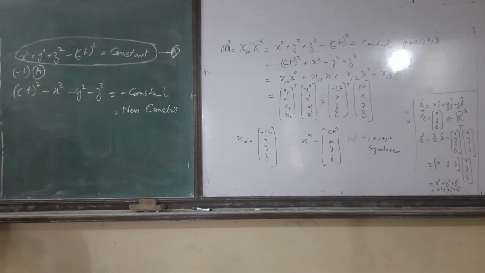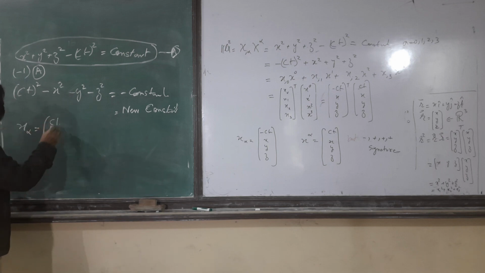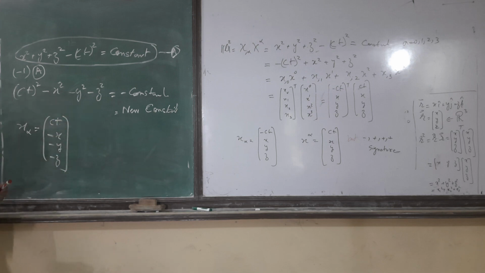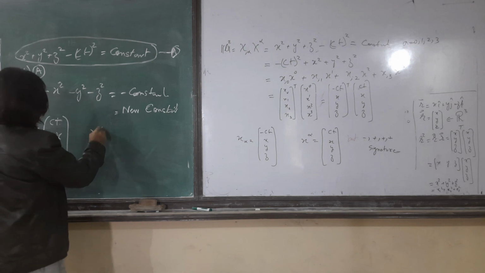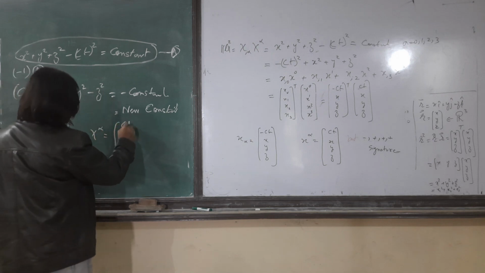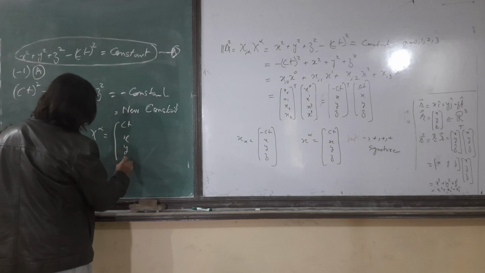Now x alpha will be defined as ct, minus x, minus y, minus z, and this x alpha will be defined as ct, x, y and z.